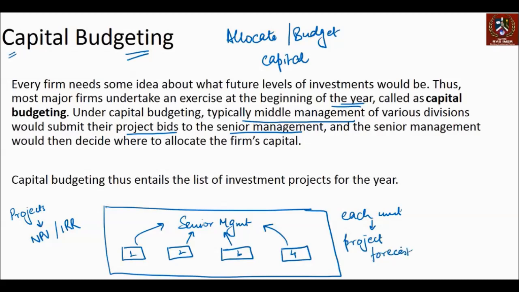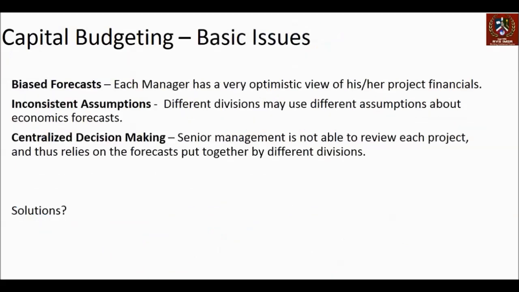Remember, they're trying to guess, or they're trying to project what is going to happen in the future with this particular project. So obviously there are certain kind of biases that could possibly creep in. What are these biases? The first one is biased forecasts. Now, each unit manager, unit 1, 2, 3, 4 in our case, will have a very optimistic view of his or her project, right?